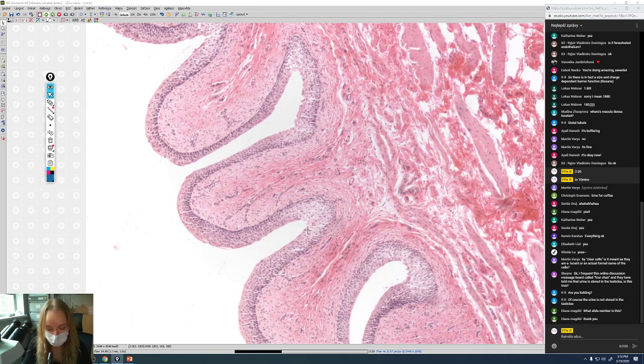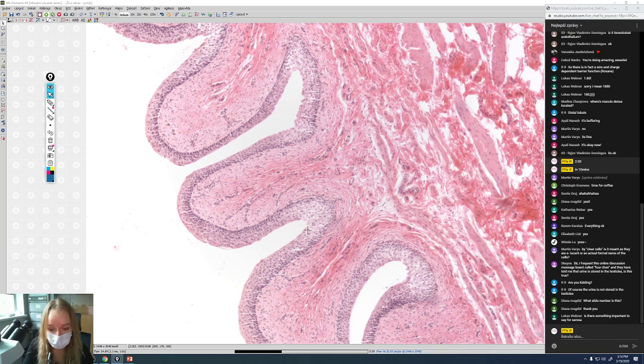So don't miss the parts of the wall. Don't forget that the urinary system doesn't contain submucosa and such. Look, Lucas, is there something important to say for serosa? Well, not so much.